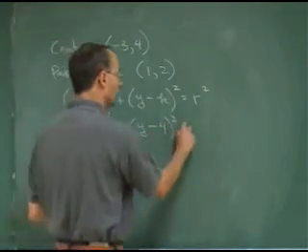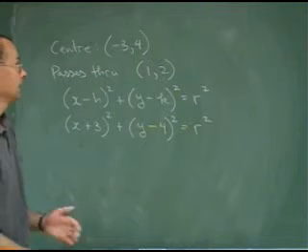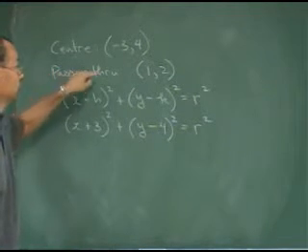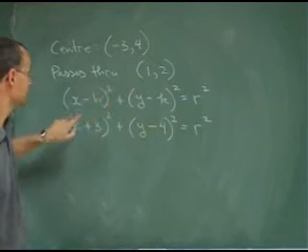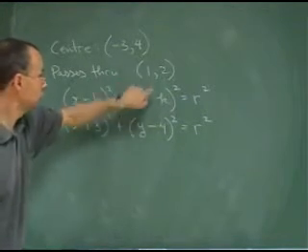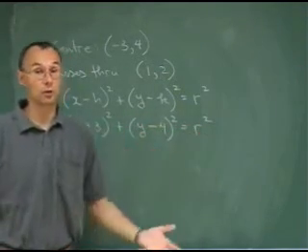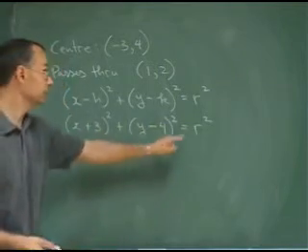Well, that's two of my unknowns. The only thing I don't know is this r squared on the right. How do I get that? We're going to use the information that this is a point on the circle, which means if I put in 1 for x and 2 for y, it's got to make the equation true. Otherwise, it wouldn't be a point on the circle. That's how we're going to get this r squared.